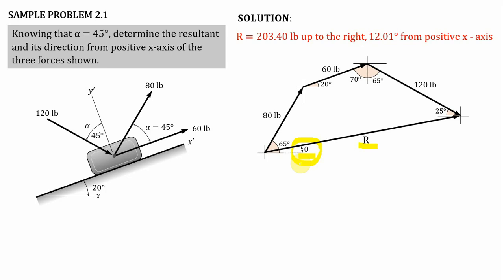So ang gawin ko lang, actually may isa pa pala. Kung 65 degrees ito, this is 65 degrees. Since 90 naman yan, so 90 minus 65, that is 25 degrees. So ang gawin ko dito is magdodraw ako ng line.